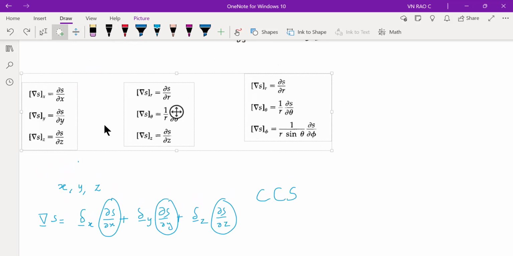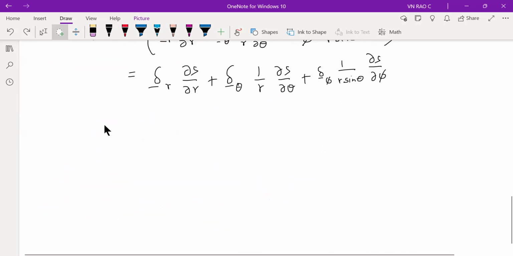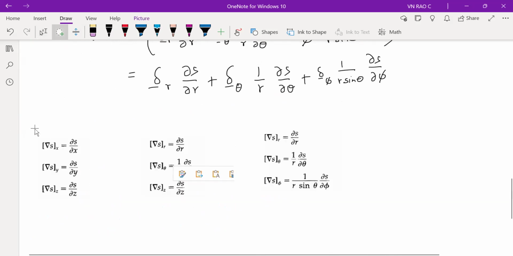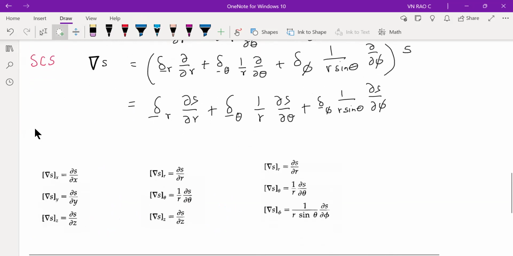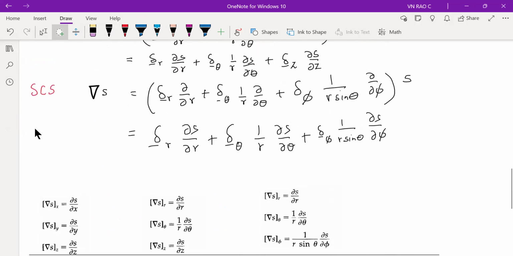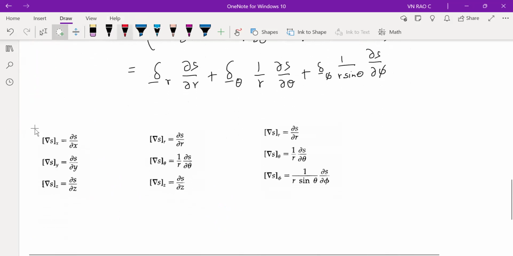So what are those components? These are the components. Once you write the gradient of a scalar field, these are the components of that particular vector.